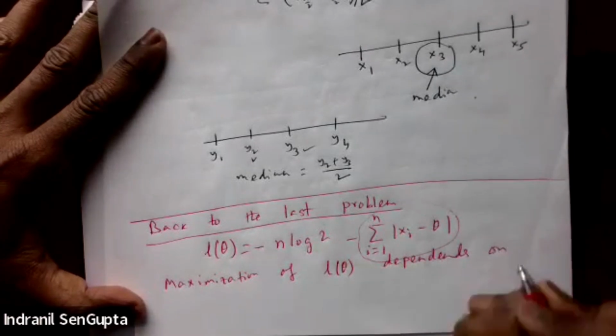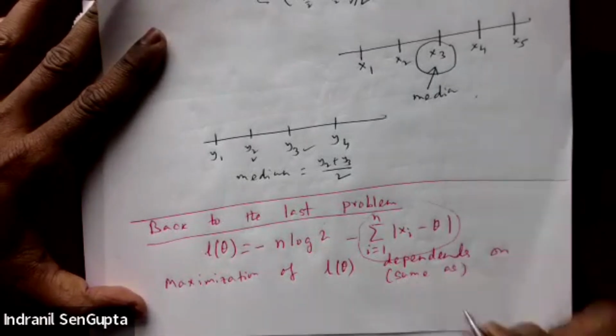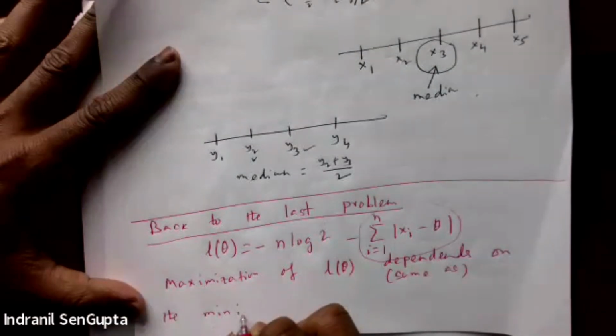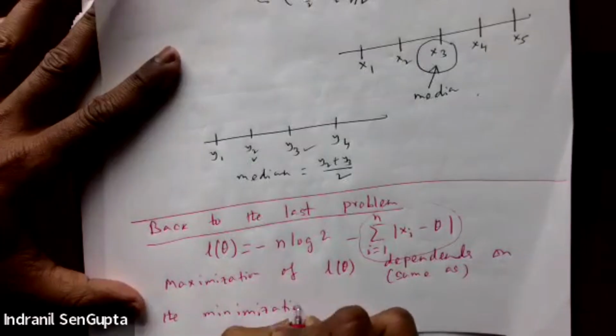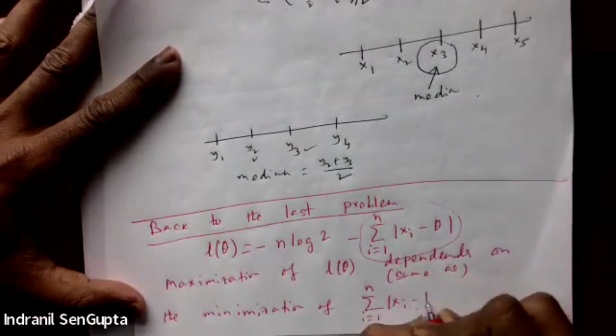It is the same as the minimization of this quantity, the sum over i from 1 to n of |xi minus theta|.